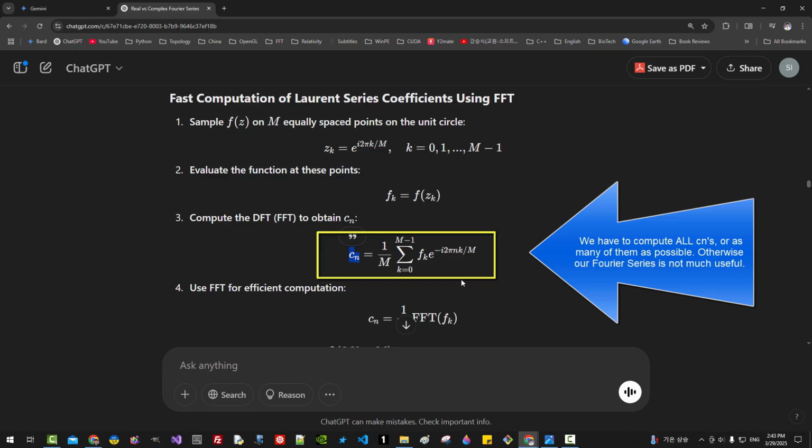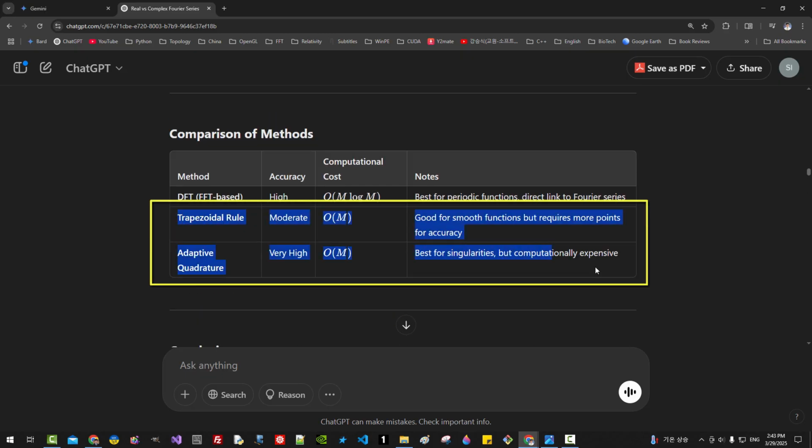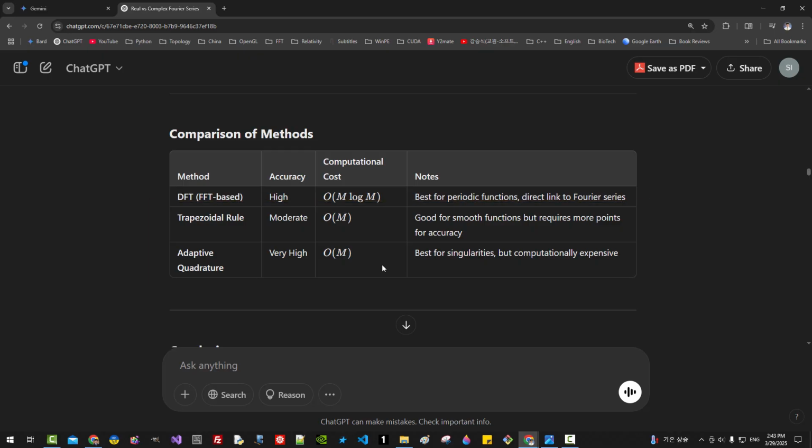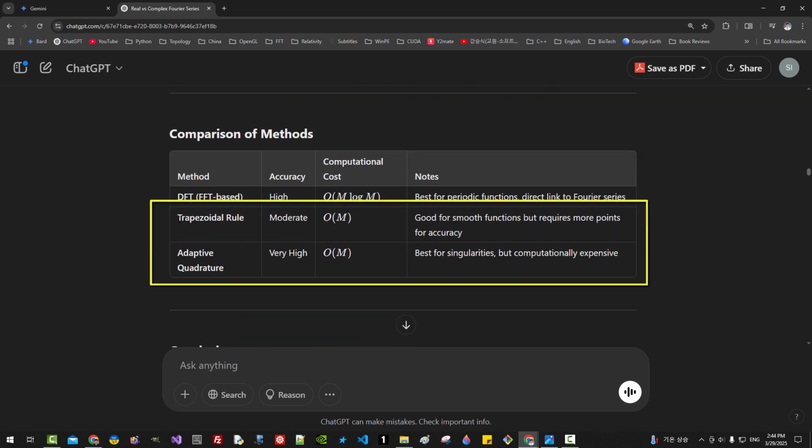Otherwise, our Fourier series is not very much useful. In case of traditional numerical methods, computing each Cn is very time-consuming. For example, if there are 256 Cn's, then we have to call the trapezoidal rule or adaptive quadrature 256 times.